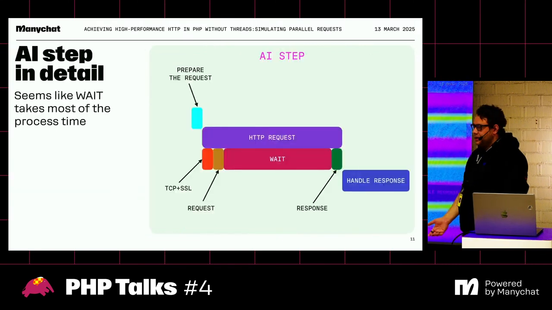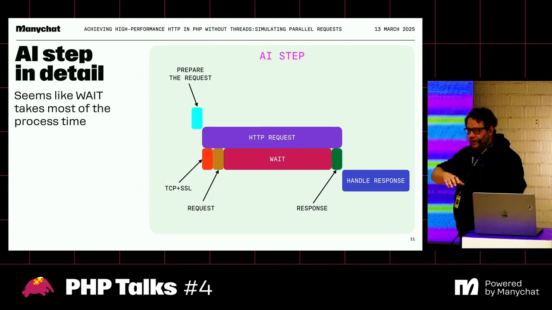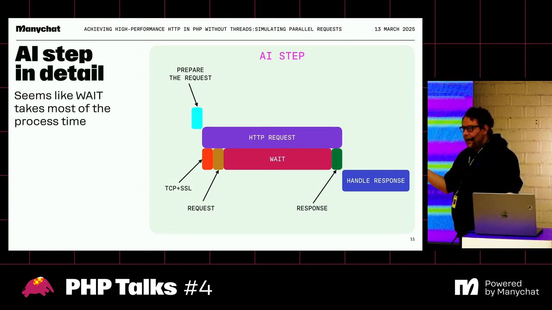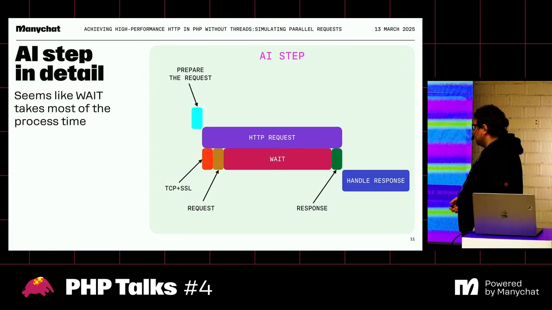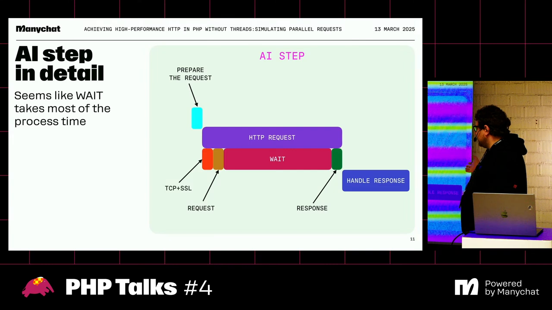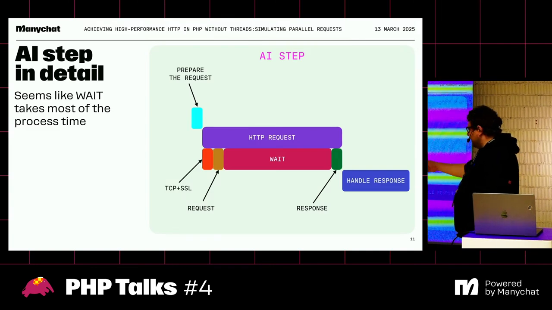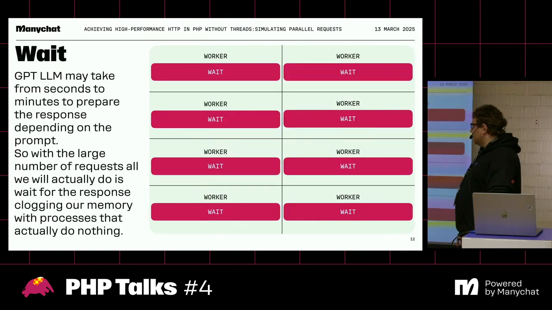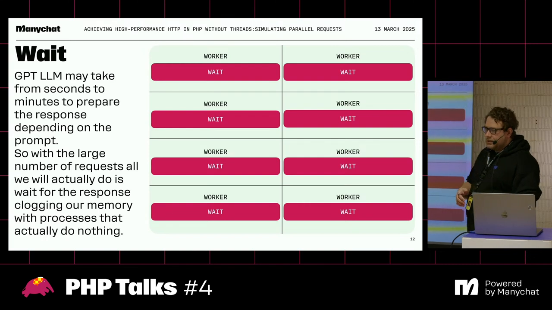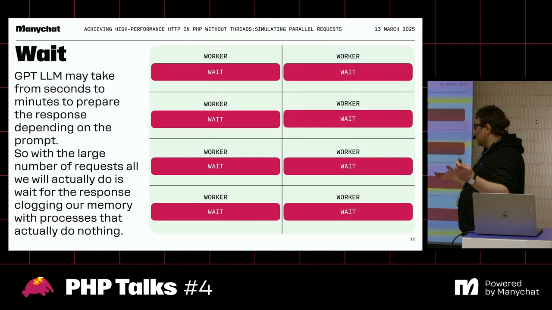But we still need to make the request to the LLM model to AI. And to do that, we need to make all this stuff inside PHP, the establishing the connection, transferring the requests, and most importantly, wait for the response. As you probably know, the AI models may take from seconds to minutes to provide the response, depending on the prompt size.